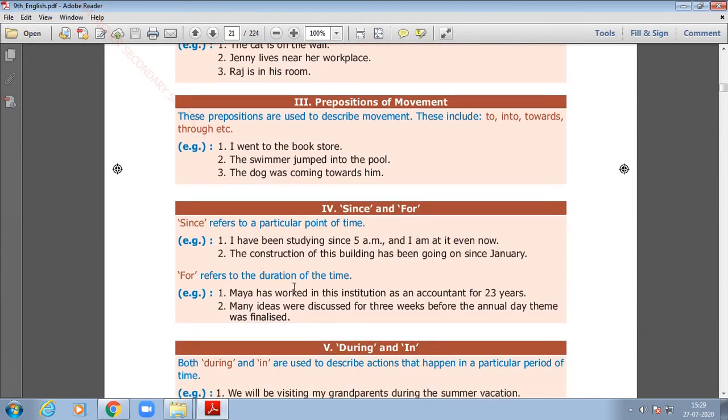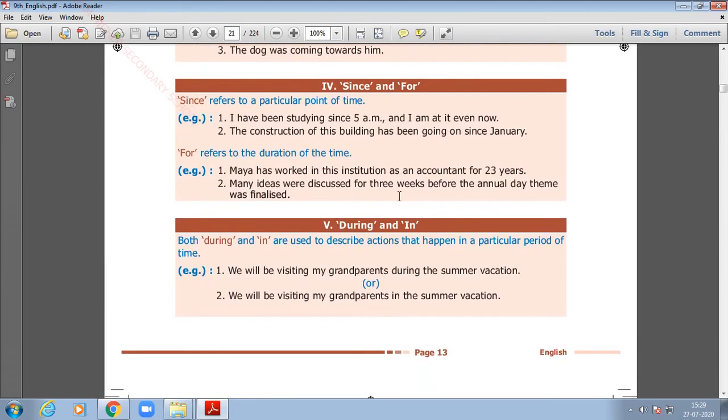Similarly, you will have to learn the difference between from and between. From: the classes will be held from 10 to 12. Whenever you are talking about timings, if you use from, you have to in between. If it is between, the classes will be held between 10 and 12. So the usage from will take to, and between will take and.